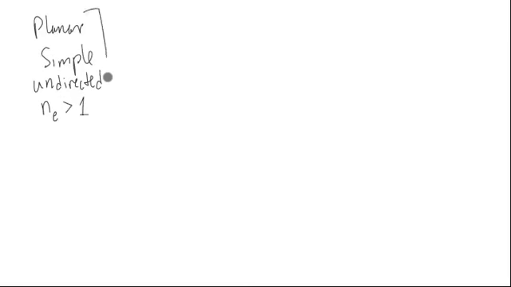Let's take a look at how we can prove, for a planar graph that is simple, so at most one edge between two vertices, and it's undirected, and the number of edges is bigger than one, that for such a graph you don't need more than 6 colors to color the vertices such that no two adjacent vertices will have the same color.